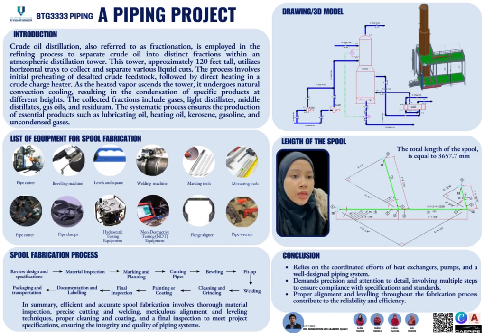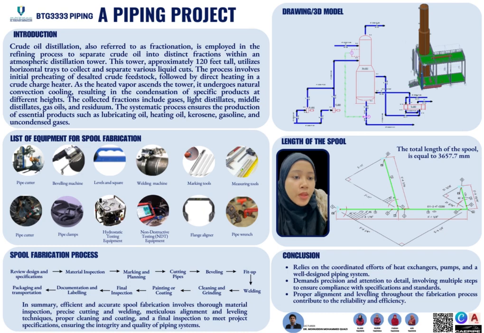Proceeding with pipe 3, it involves the elbow, tee, flange, also the gasket, and the root gap is the same, 8 mm, because it has two joints on pipe 3. So the total length of pipe 3 is equal to 408.1 mm.